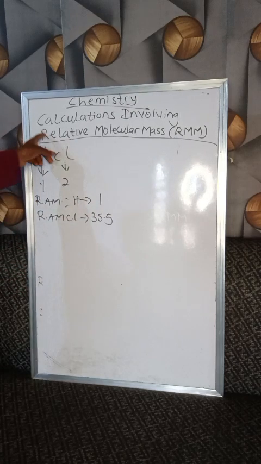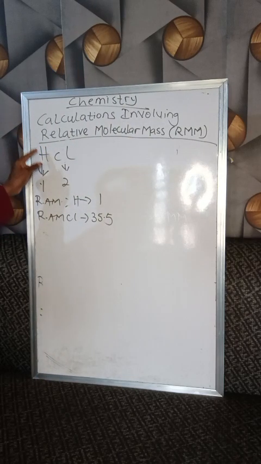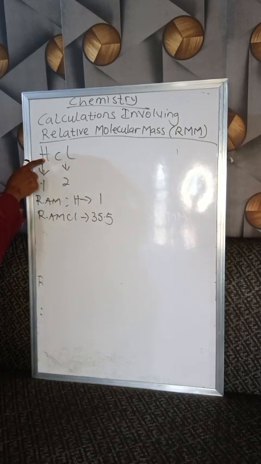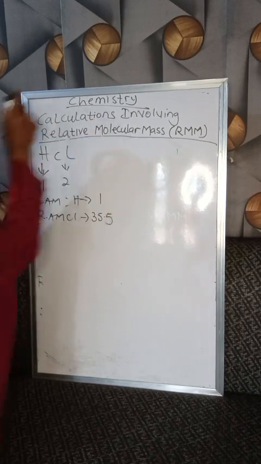We said relative molecular mass is the sum of all the relative atomic masses of the atoms present in the substance. That is, the addition of the relative atomic mass of hydrogen plus that of chlorine will give us the relative molecular mass.